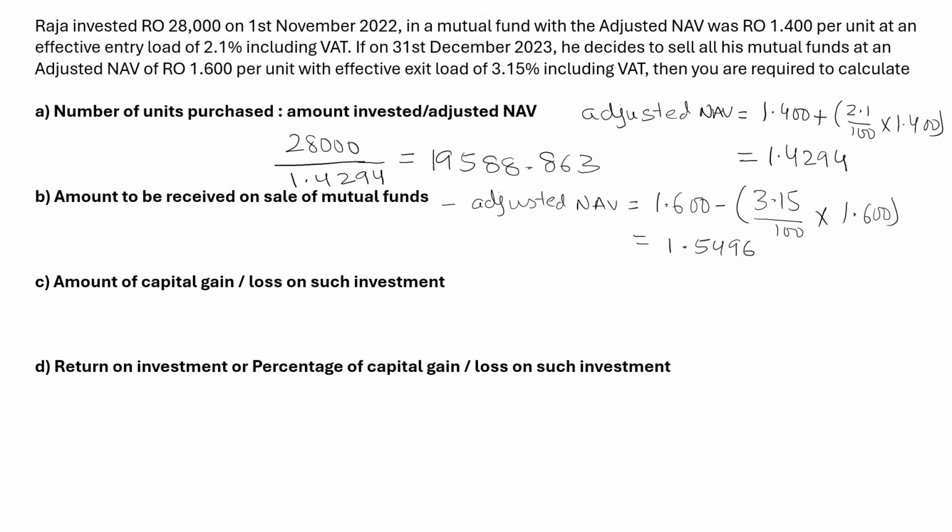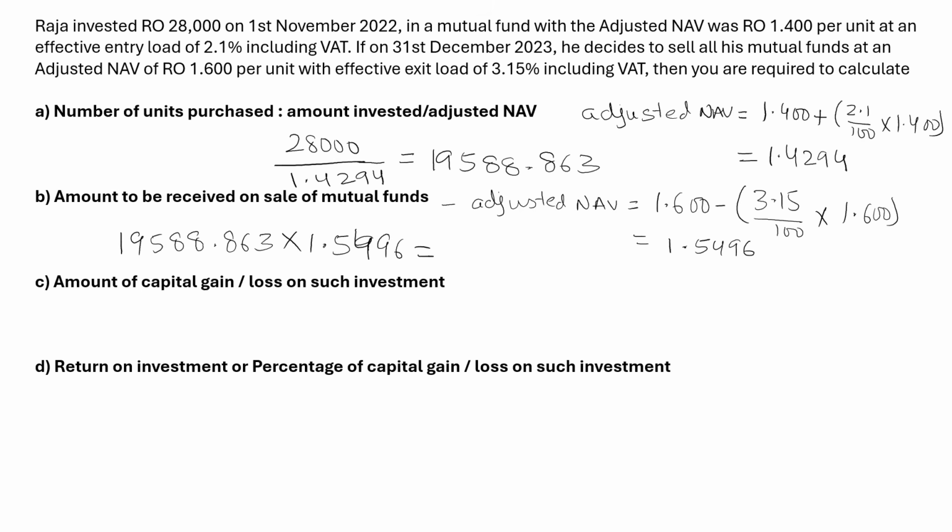Now here we will calculate amount received. Number of units sold. How many units has he sold? 19,588.863. Multiply by adjusted NAV. For one NAV he is getting 1.5496.